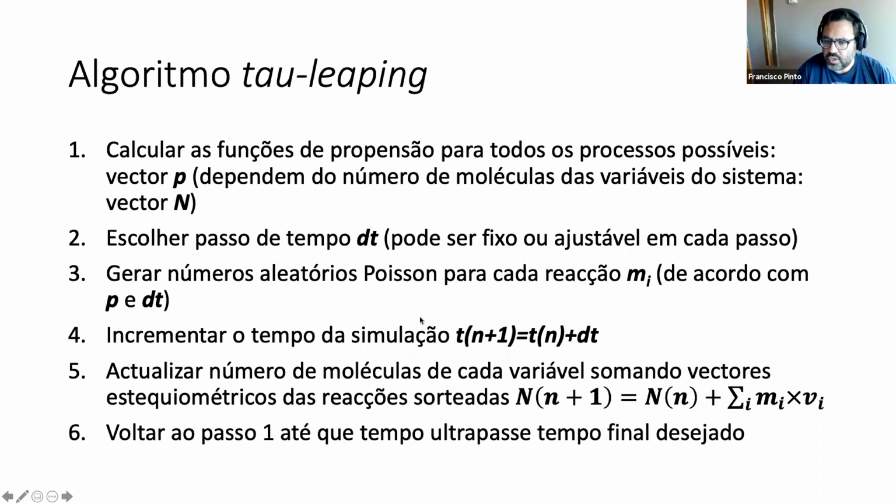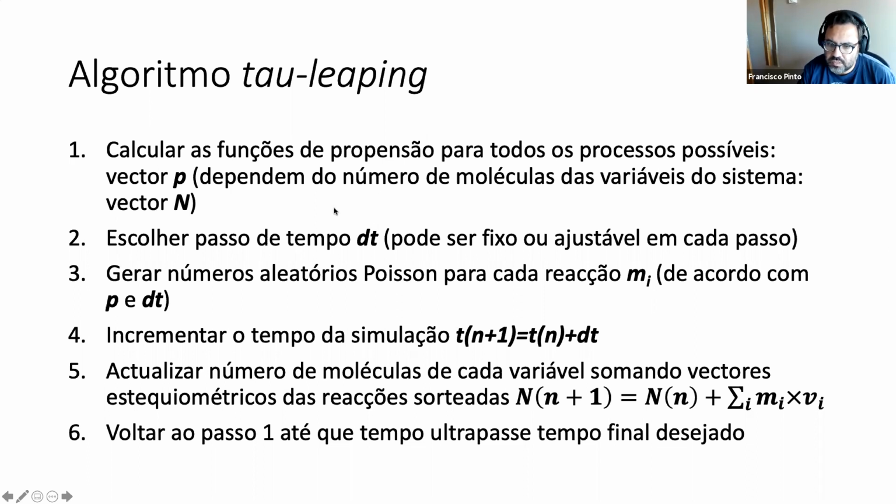So you are computing the propensities that tell you with what probability, so how likely each process will occur in the next time unit, with the vector n at your present time.